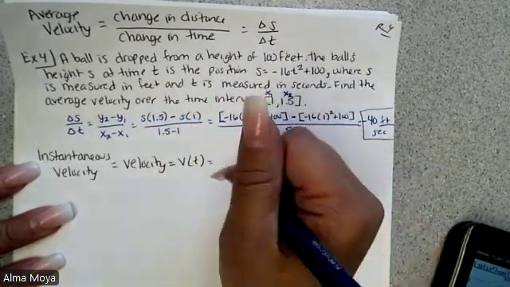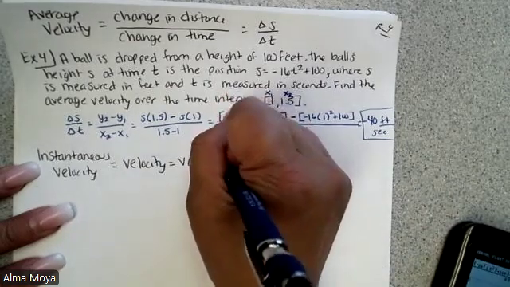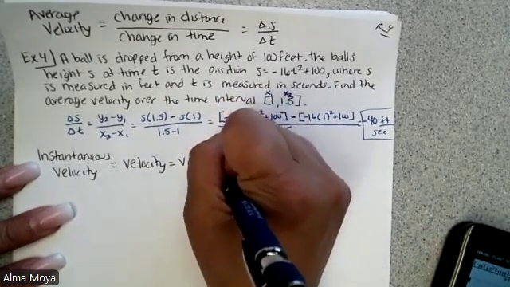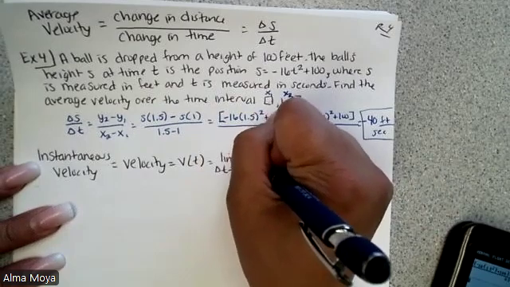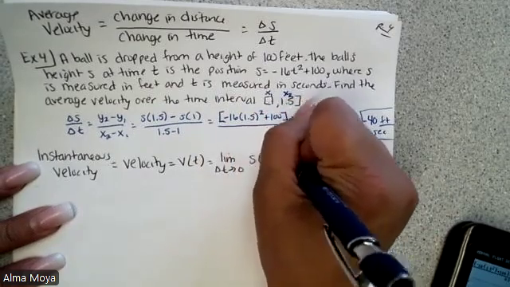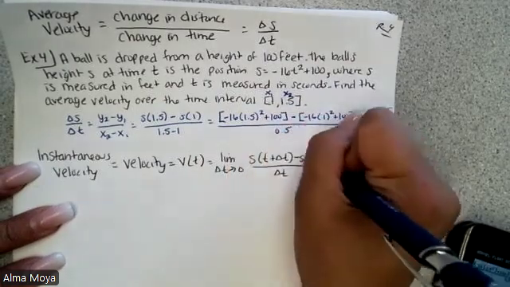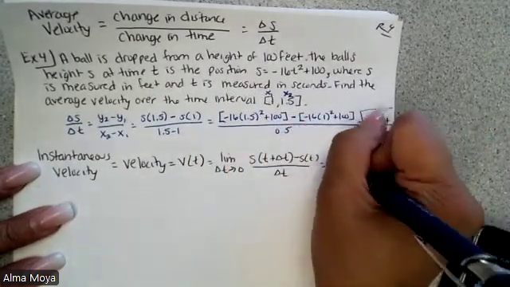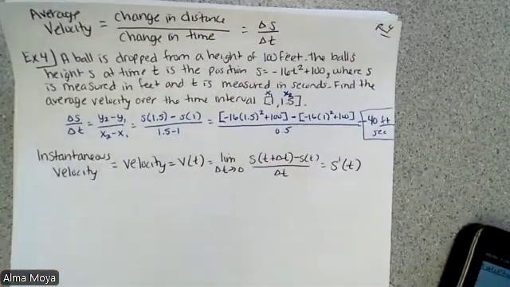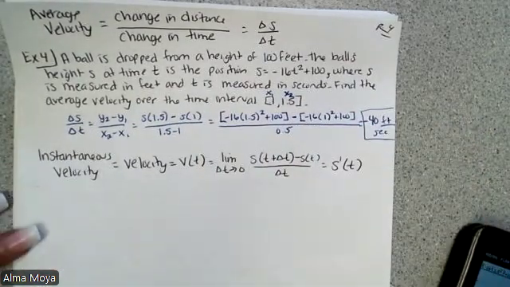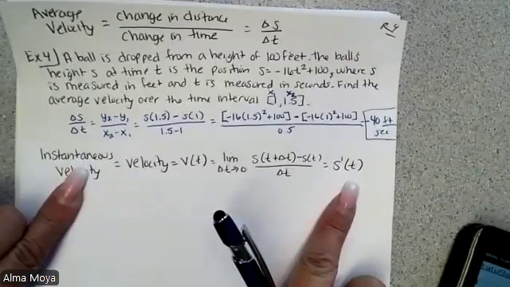On this one, it's going to be at one specific point. So this is when we use the limit as the change in time goes to 0 of S of t plus delta t minus S of t, all over delta t. In other words, you're just taking the derivative at that specific point and you're done.